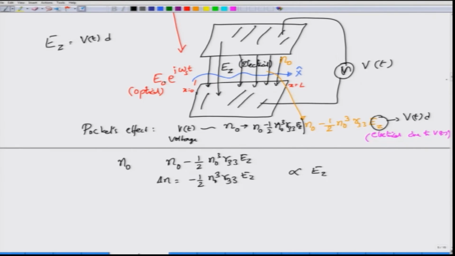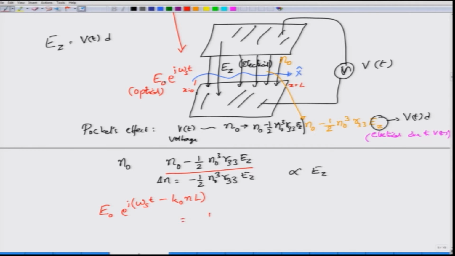What this effect implies is that the electric field of the optical wave, after propagating through this medium and coming out at x equal to L, will become E0, whose amplitude has not changed, e power j omega s t minus k0 n L. N is the refractive index, which is N0 minus half that expression.